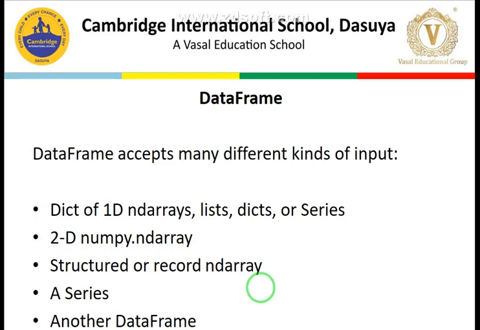We can create a data frame from many different kinds of inputs: a one-dimensional list, a one-dimensional ndarray, that is n-dimensional arrays, a dictionary or series, a two-dimensional NumPy object, a structured or record ndarray, from a series, or finally from another data frame. So these are the different ways of creating a data frame.